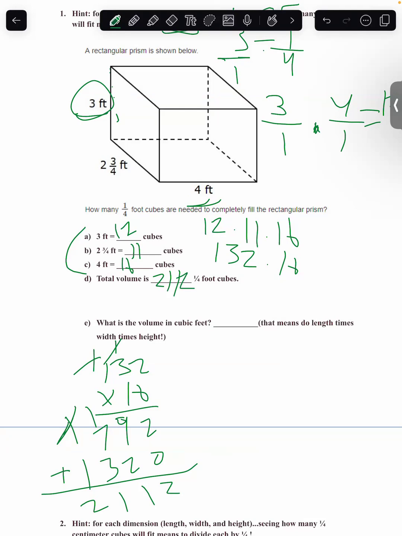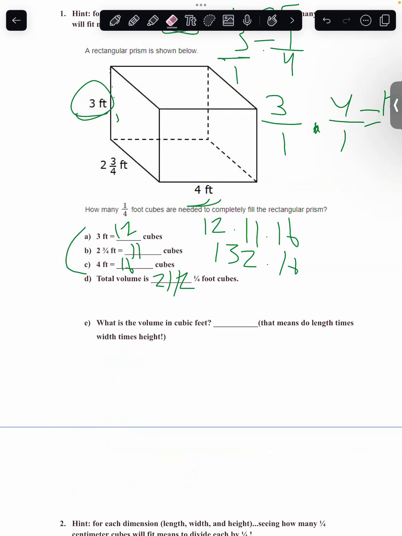Now, the volume in cubic feet is actually much easier in a sense, because that's where you're just doing the volume like we did in yesterday's practice. So the 3 times the 2 3/4 times the 4. Remember the commutative property, you can do them in any order when multiplying.